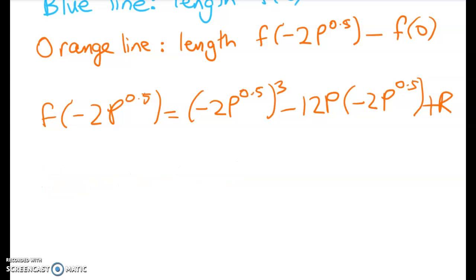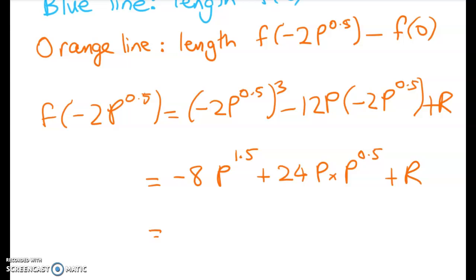Okay, so let's just work that through now quickly. And we're going to get negative 8p to the power of 1.5 plus 24p times p to the 0.5 plus r.